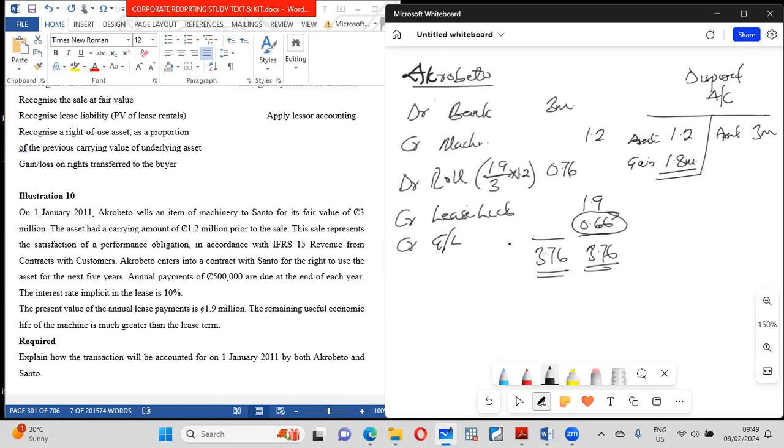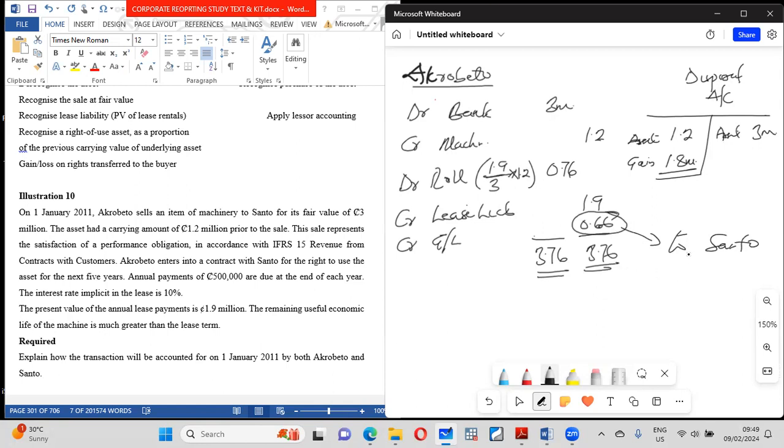So what we are saying is that at this stage, you will transfer this to Santo. Not only is Santo recording this, Santo also purchased an asset.